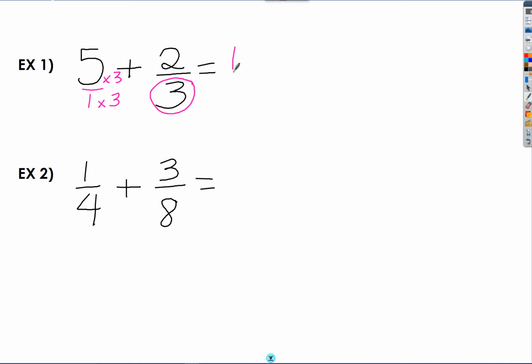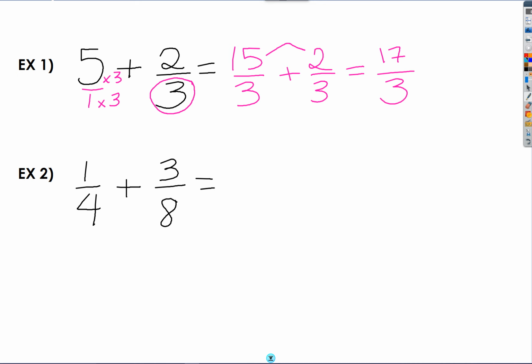So I end up with 15/3, which now has a common denominator to 2/3. And if we're adding thirds, I'm still going to talk about thirds, and then we'll add these two values to get 17/3.